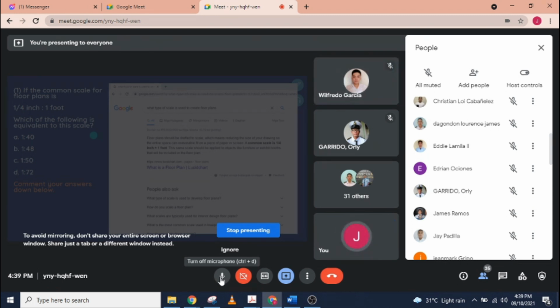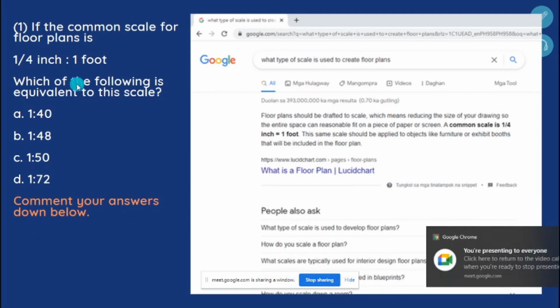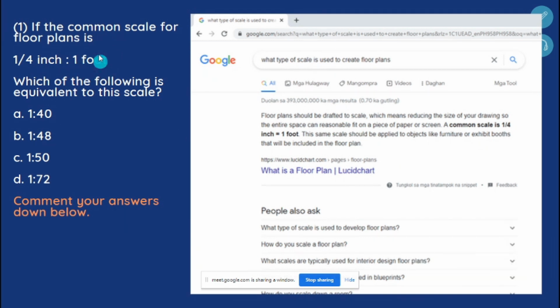Yes. The idea was, 1 foot is how many inches, Garcia? 12, sir. Okay, so the key here, class, is that 1 foot is equivalent to 12 inches. Meaning this scale is 1/4 inch by 12 inches.